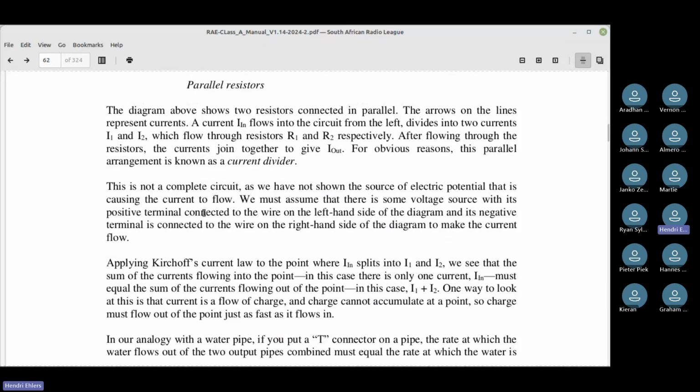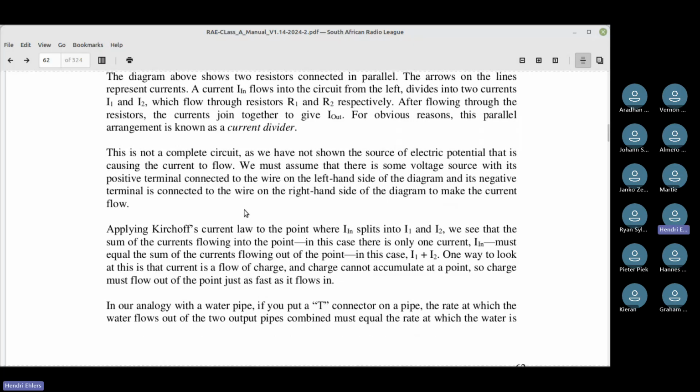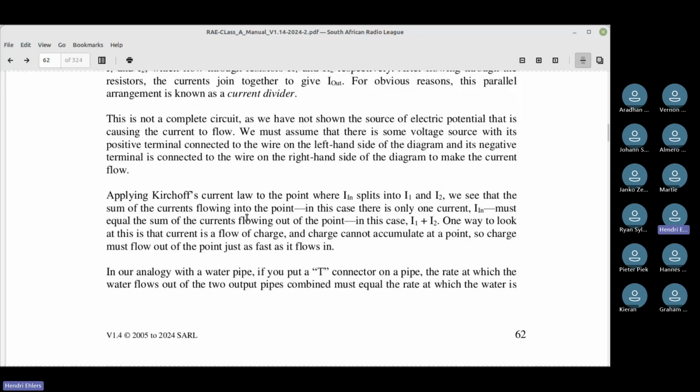Okay, that is for those who don't know electrical circuits. If the positive and negative are not connected correctly, or if there's a break anywhere in the wire, current won't flow. And that's basically what they're saying there.